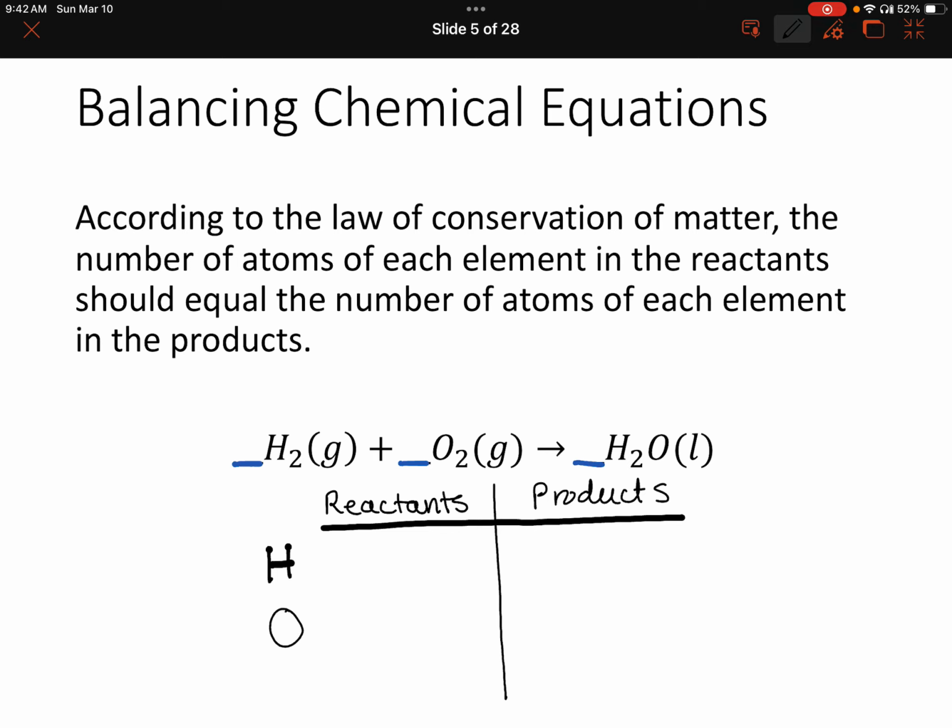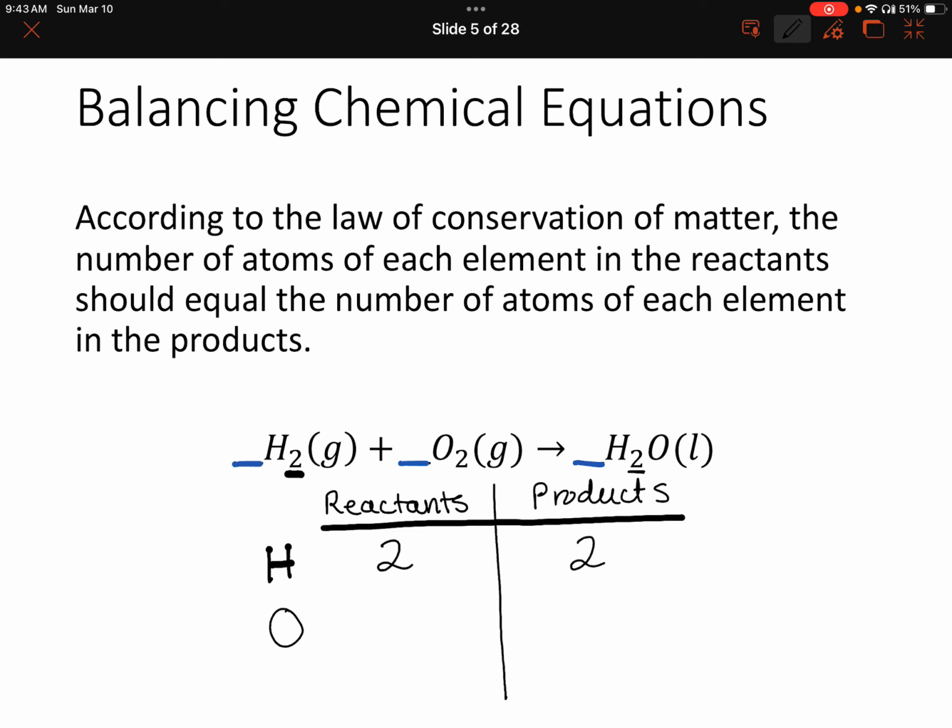Those are the only two elements in this reaction. So now I'm going to count how many hydrogen atoms I have on the left in the reactants. And it looks like I just have 2. So I'll put a 2 there. And then on the right-hand side in the products, I also have 2 hydrogens. So far so good. Hydrogen is balanced.